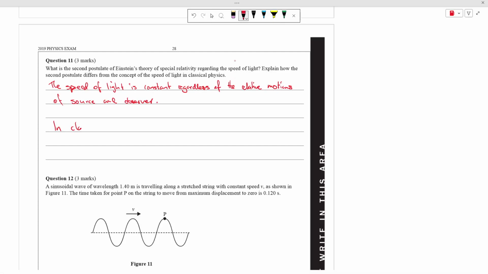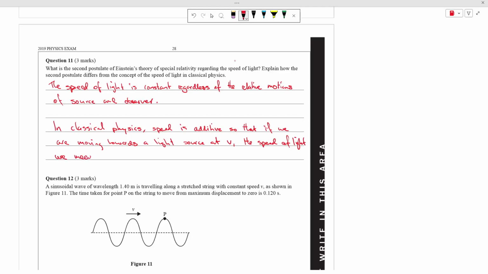Let me just say, in classical physics, speed is additive, so that if we are moving towards a light source at v, the speed of light we measure would be our speed v plus the speed of light c, because you're moving into the light. So that's kind of what I would state.